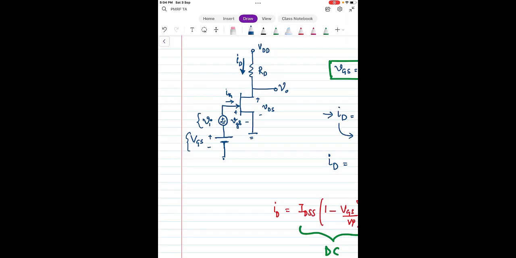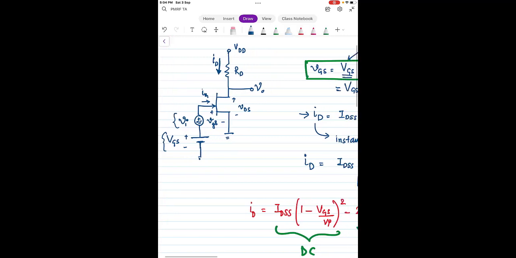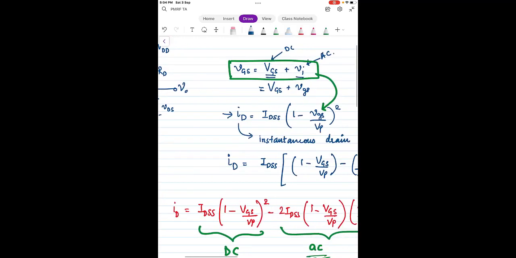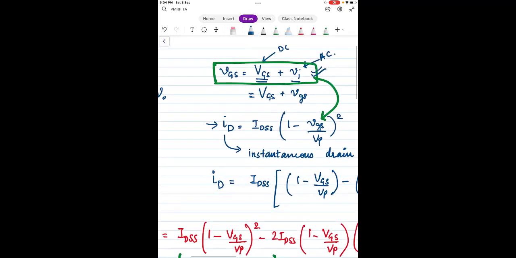So VGS is a DC signal that we have applied to bias the device, so that it remains in the saturation region, where it can behave as an amplifier. Now we can see that the small vGS is given by the capital VGS and the small vi, which one is the DC component, the other is the AC component. Now this can be written as VGS plus small vgs, right?